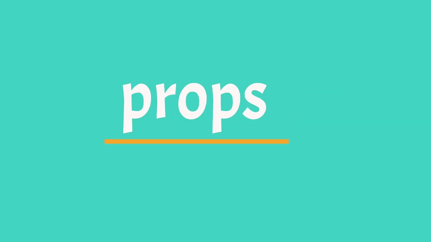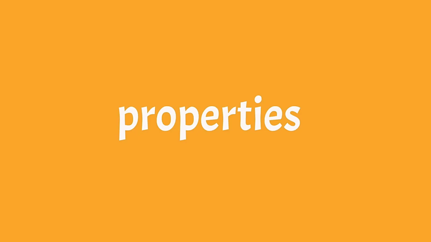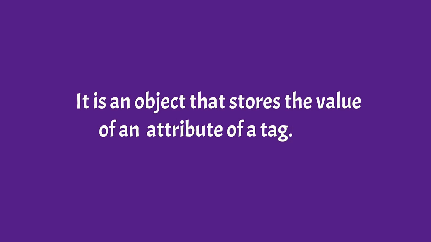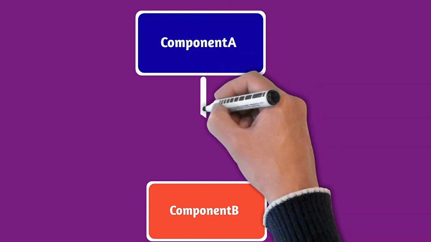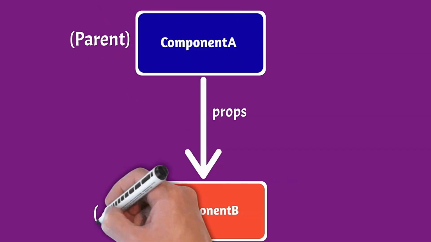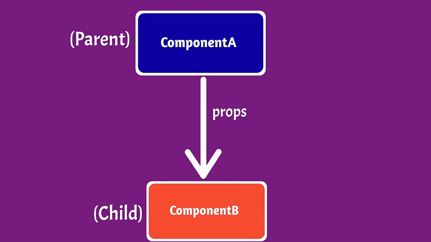So, what exactly is props? Props stands for properties. It is an object that stores the value of an attribute of a tag. Also, props enables you to pass data from one component to another, precisely from a parent component to a child component.